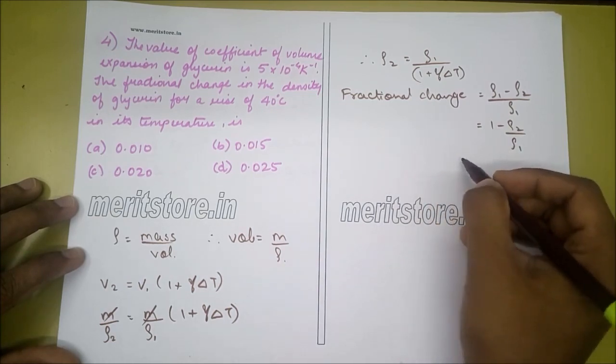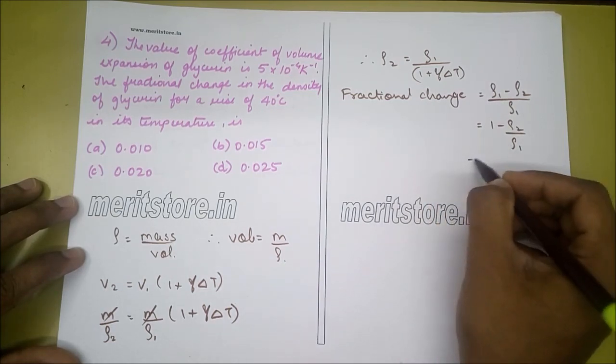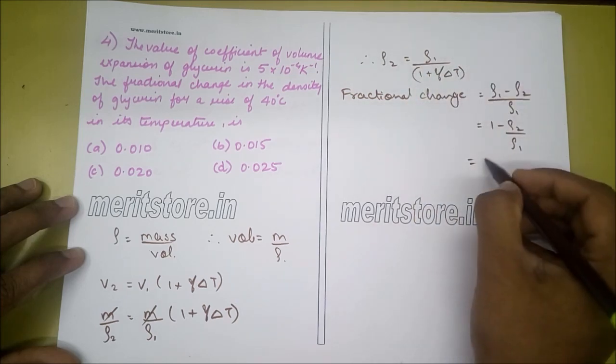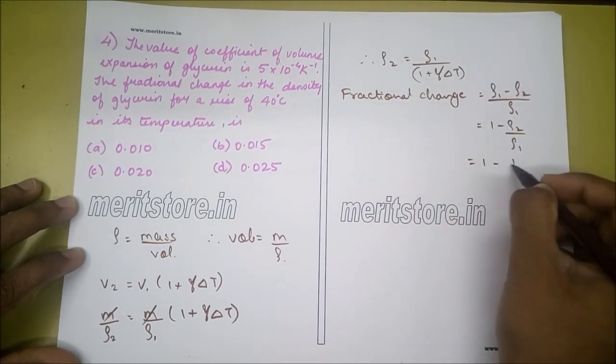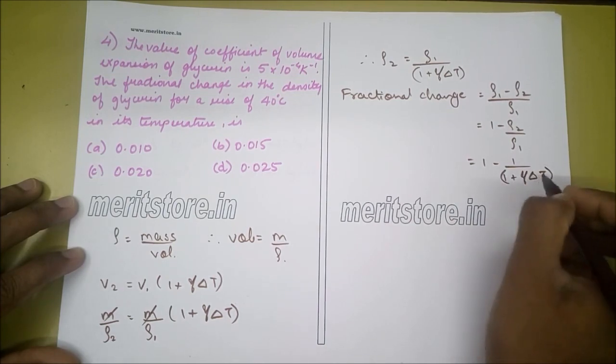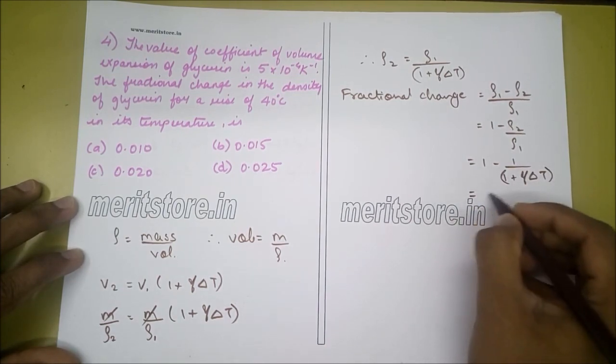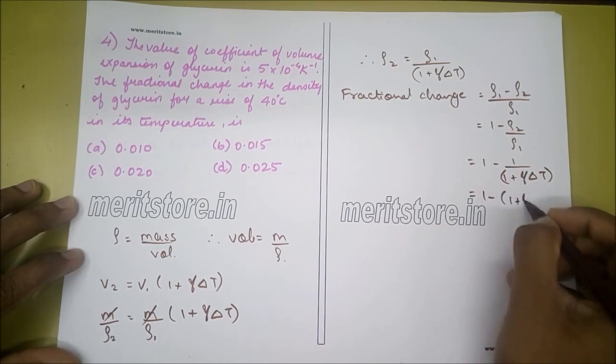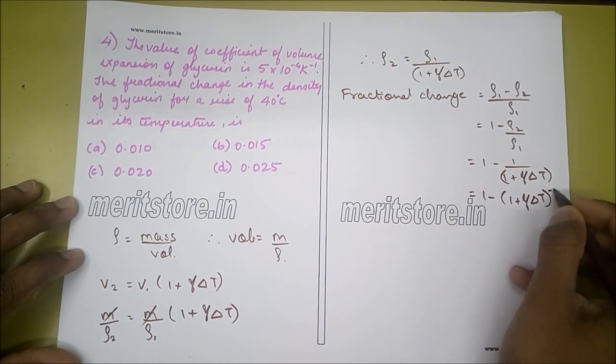So this is nothing but 1 minus 1 upon 1 plus gamma into delta T. So that is 1 minus 1 plus gamma times delta T raised to minus 1.